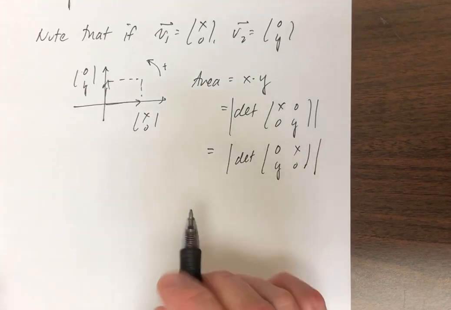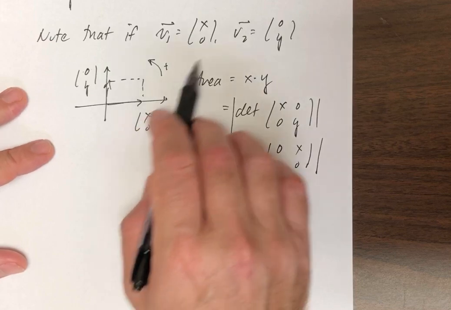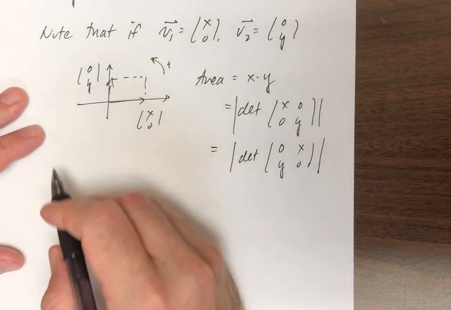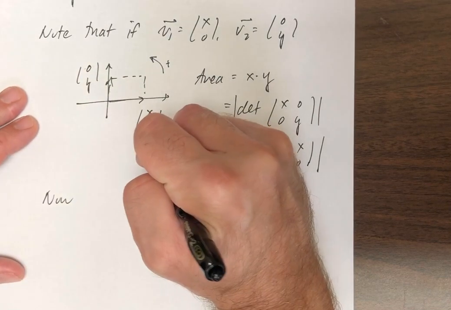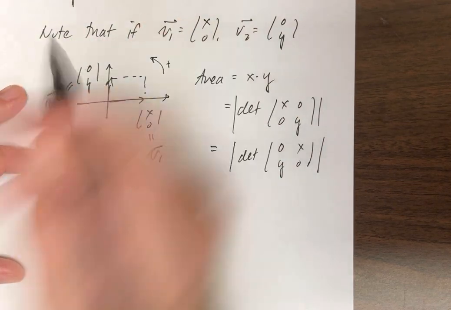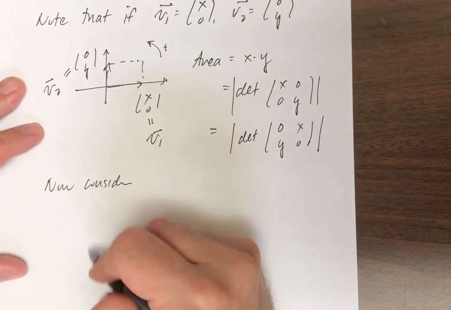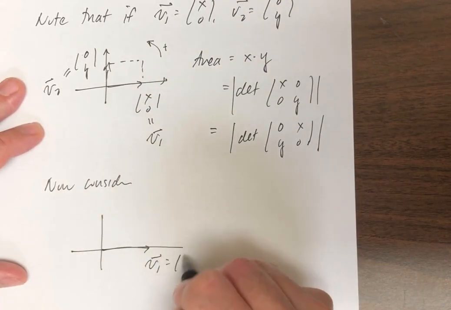And now the next thing I want to show, so what I'm saying here is that the theorem, the fact holds if you just gave me a kind of simple rectangle. But now if you shift, so now consider, so let's say this was V1, this was V2. Now consider a picture like this where I still have V1 here, which was (x, 0).